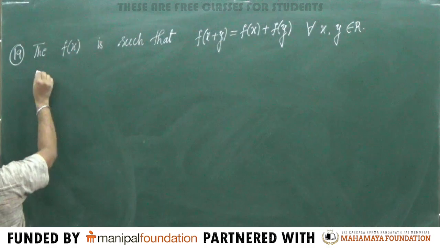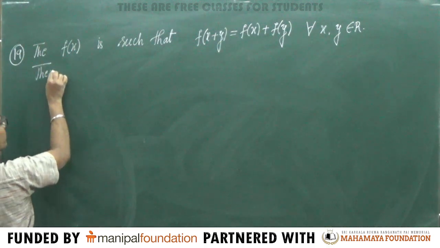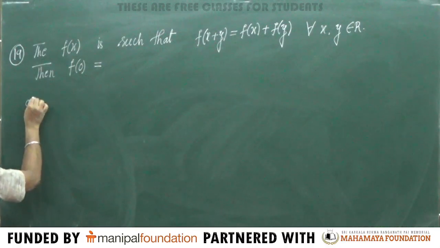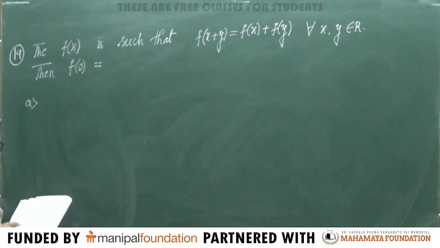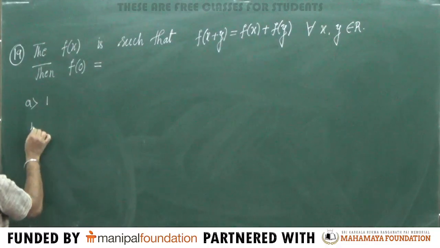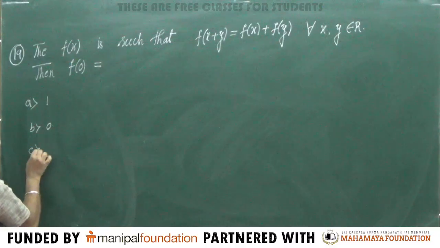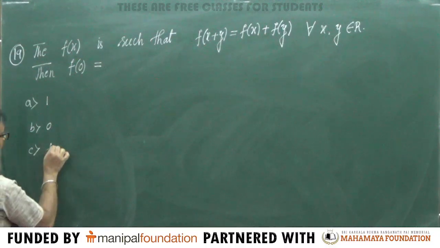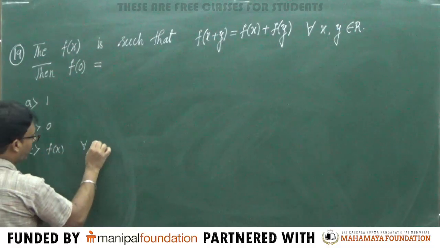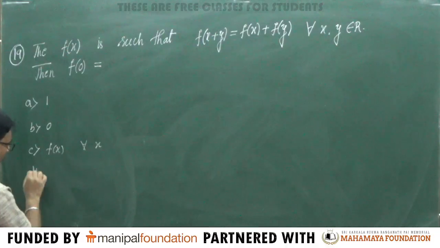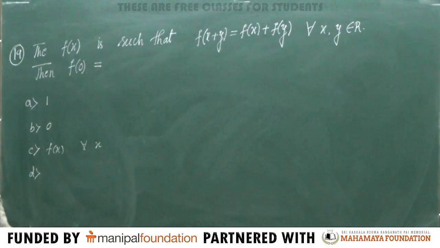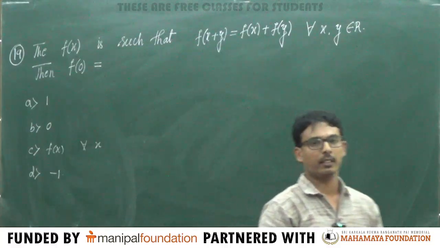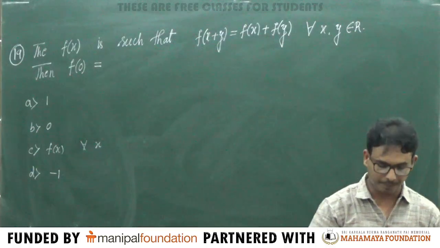Then f of 0 equals: option A 1, option B 0, option C f of x for all x, option D minus 1. Again this problem is based on the functional equation.